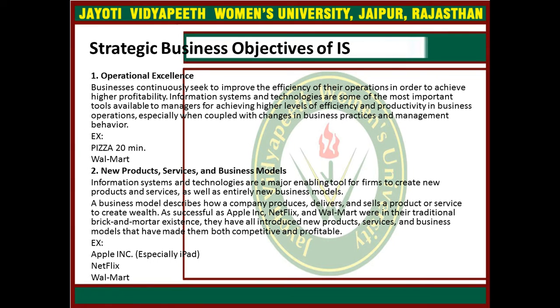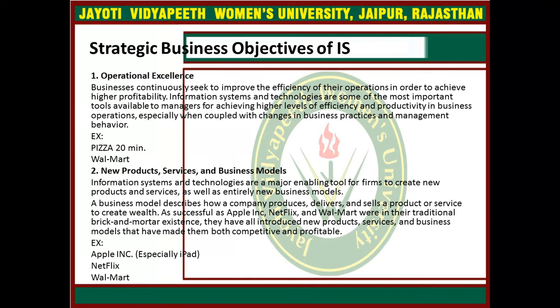The second one is new products, services and business models. Information systems and technologies are a major enabler for a firm to create new products and services as well as entirely new business models. A business model describes how a company produces, delivers, and sells a product or service to create wealth.